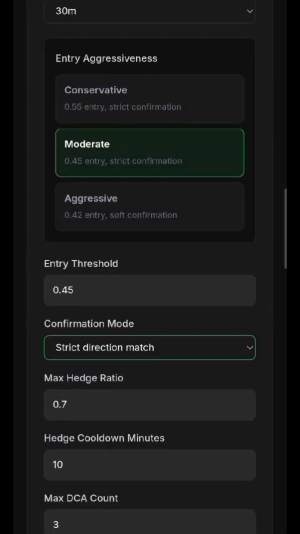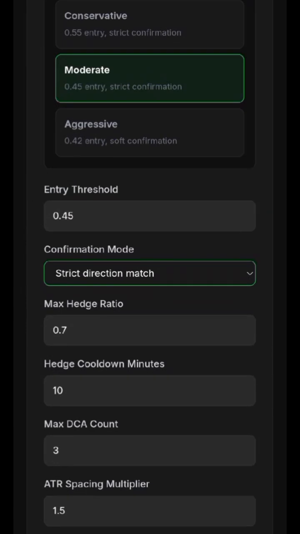All right, then maximum hedge ratio. Now when you are choosing a maximum hedge ratio, you are considering how much you want the bot to trade in the opposite direction. For instance, the bot enters a trade with $100. All right, a long with $100. That long means the bot is buying, so that when the price goes up it will take profit.